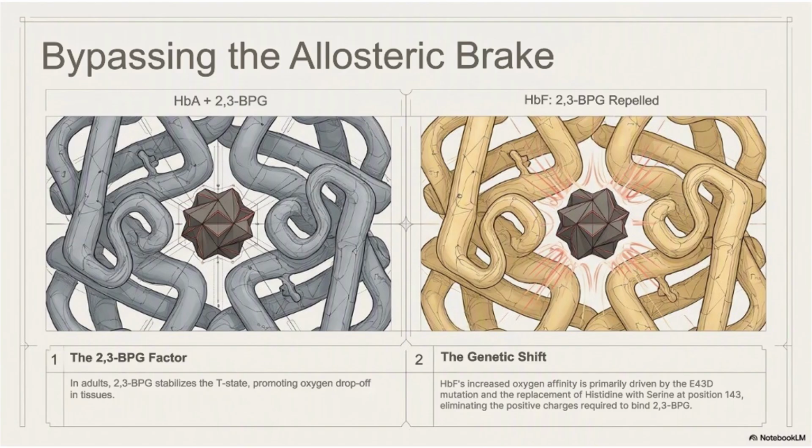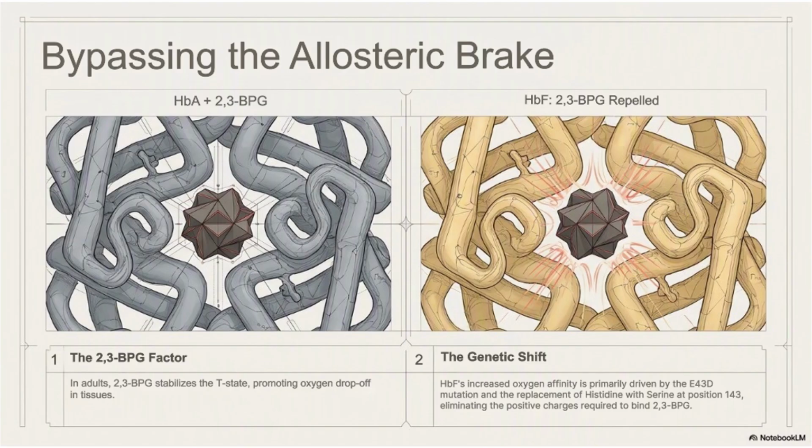2,3-bisphosphoglycerate, or 2,3-BPG. Now, as a side note, I learned this as 2,3-DPG, 2,3-diphosphoglycerate. 2,3-DPG and 2,3-BPG are essentially the same molecule, but nomenclature has changed since I learned it, and 2,3-bisphosphoglycerate is more accurate than 2,3-diphosphoglycerate.